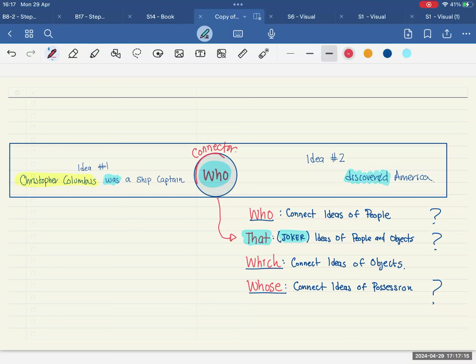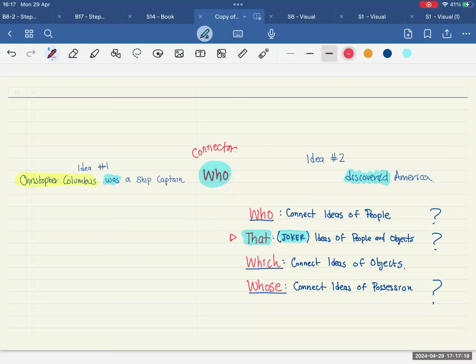So this who over here, that who is going to be my connector and it's going to be my subject. And this is my verb and this is my complement, right? Look, subject, verb, complement.